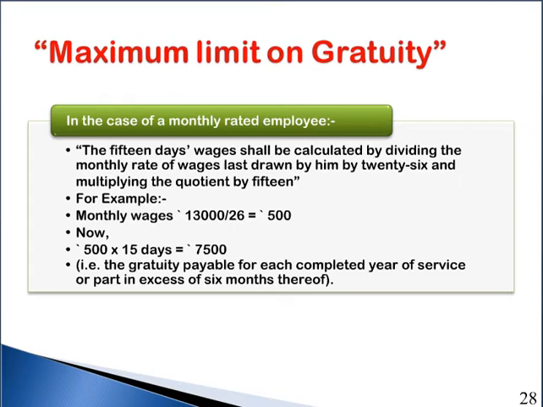The resultant amount shall be the gratuity payable for each completed year of service or part in excess of 6 months thereof. The same valuation shall extend to those employees who have been working in seasonal business.